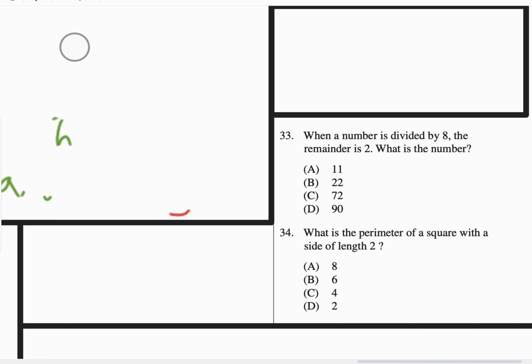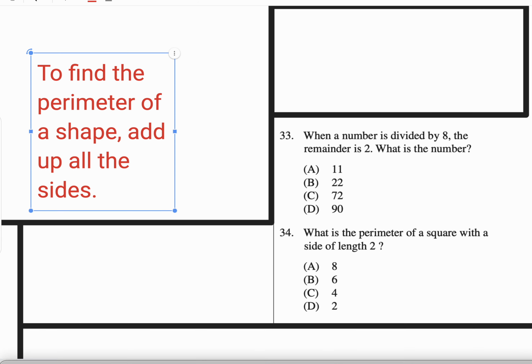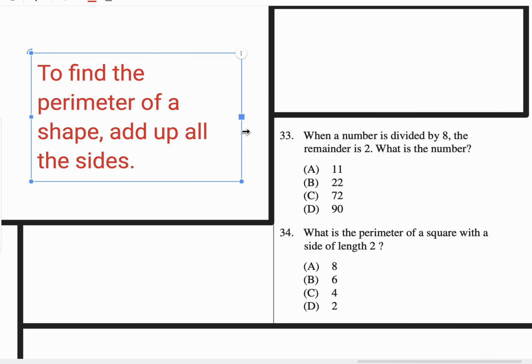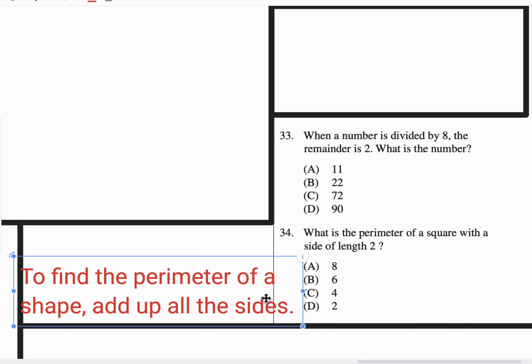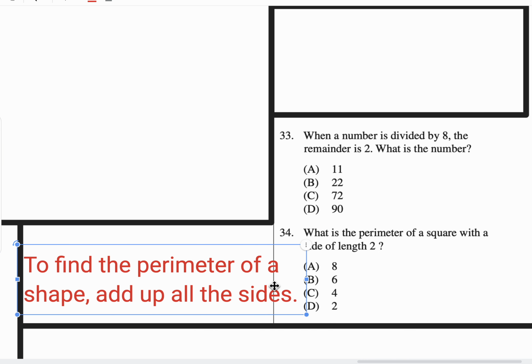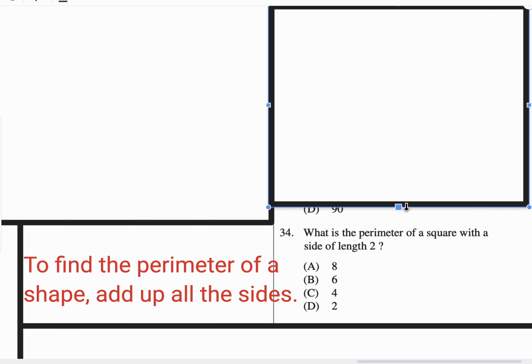Now to find the perimeter of a shape, we add up all the sides. In a square, all sides are equal.